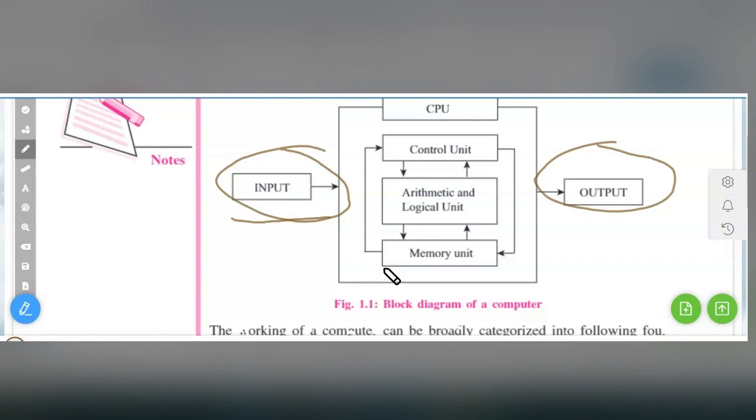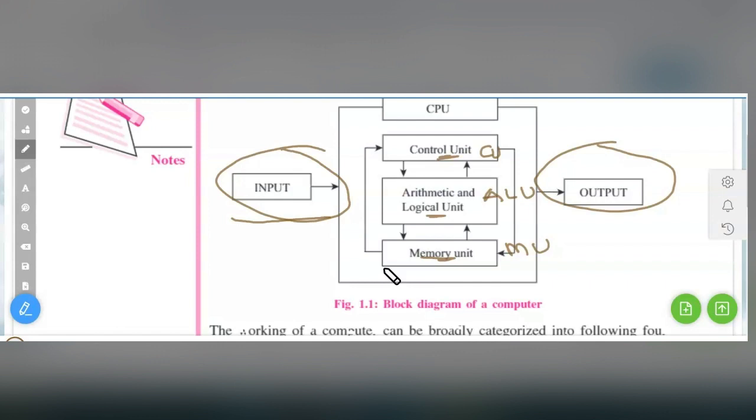For the processing you have the CPU, and inside the CPU these are the portions: the control unit, the ALU, arithmetic and logic unit, and the memory unit. You can also refer to them as CU, ALU, and memory unit. These are the portions inside your CPU. Each has different specialties or functions.